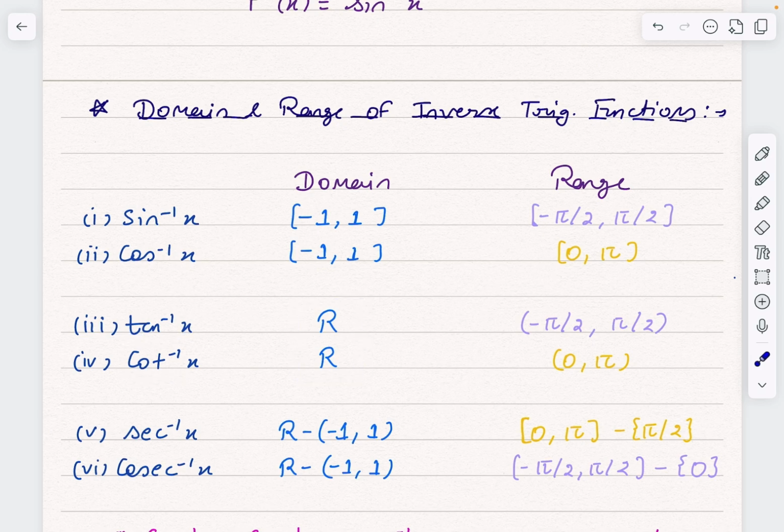The range of tan inverse x is minus pi by 2 to plus pi by 2, but both of them are open. Cot inverse x is 0 to pi, both of them are open. Next, secant inverse x, cosecant inverse x, domain of both of them is all real numbers except from minus 1 to 1. The principal range here for secant inverse is 0 to pi except pi by 2. For cosecant inverse x, minus pi by 2 to plus pi by 2 except 0.